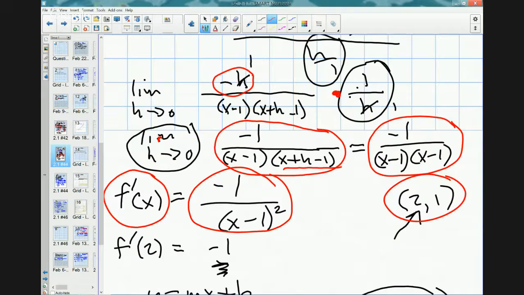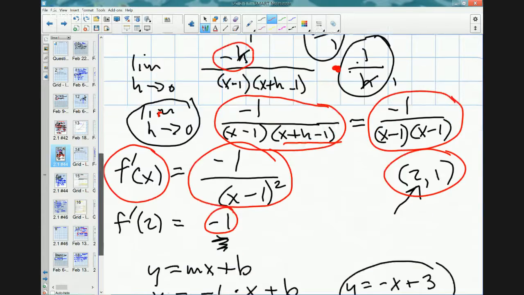And what's negative 1 over 1? Negative 1. So now we know the slope of our line. Big step. So now, if you were on a problem from 27 to 36, you would be done. You found your slope. Because we're on the next section, we not only want the slope, we want the equation.